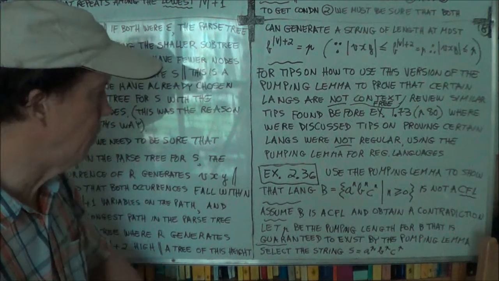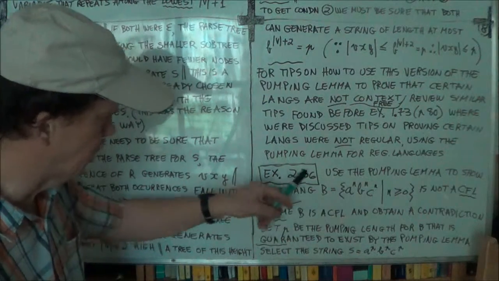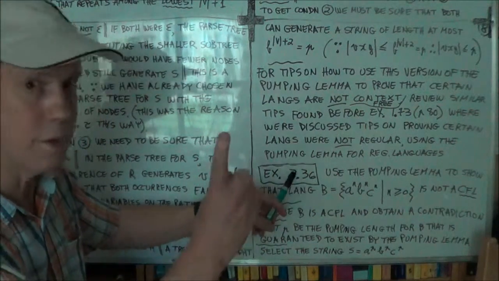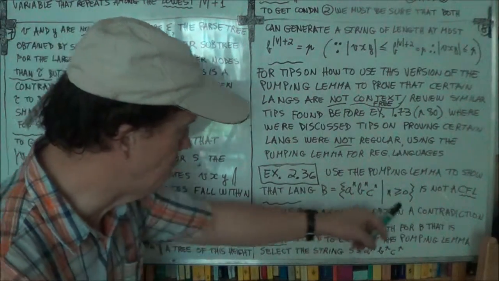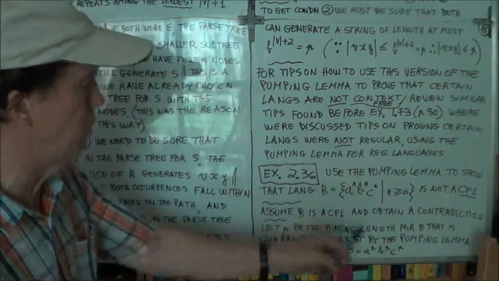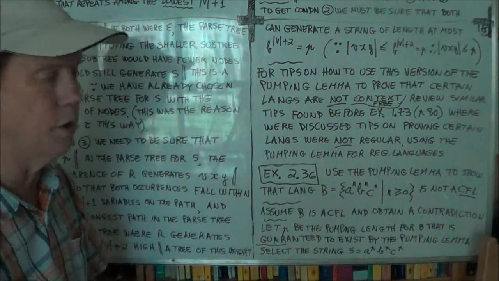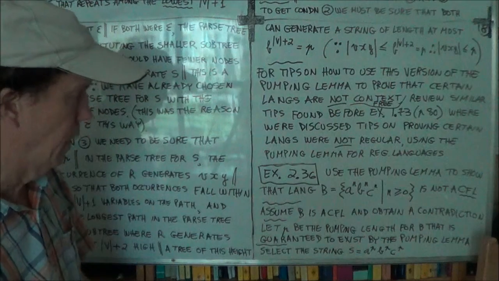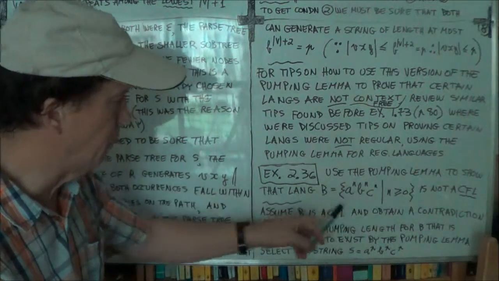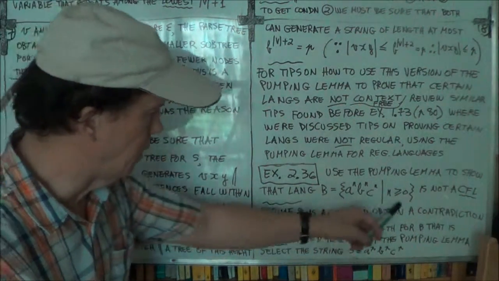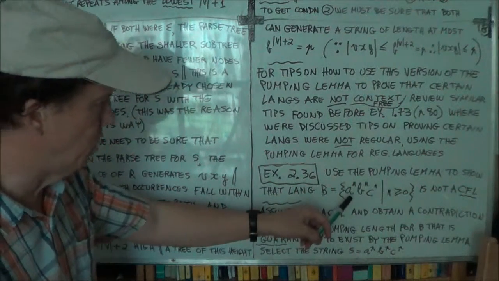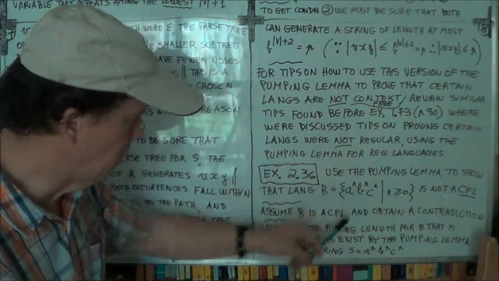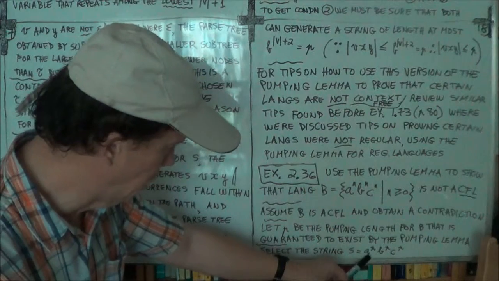Here's a particular example, 2.36, the first of our 3. Here's the language B that you're given, and you're asked to show that B is not context-free. In other words, you'll apply the pumping lemma to this language. So let's choose a particular string.